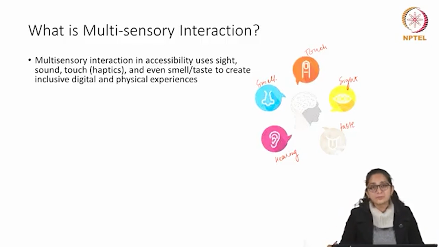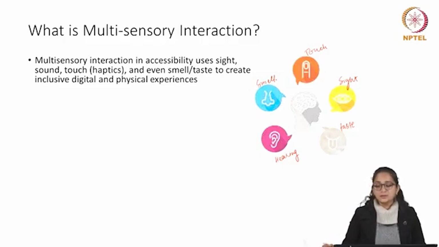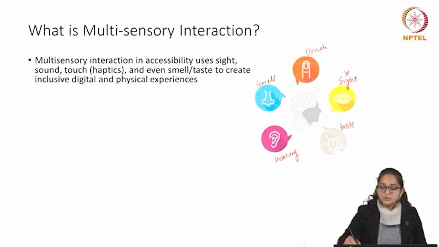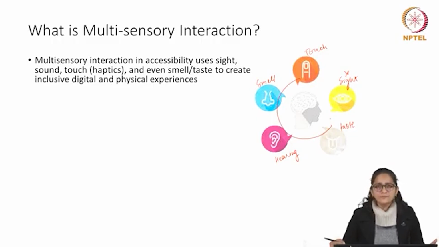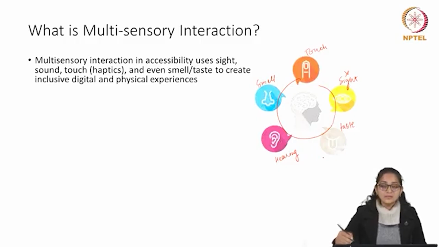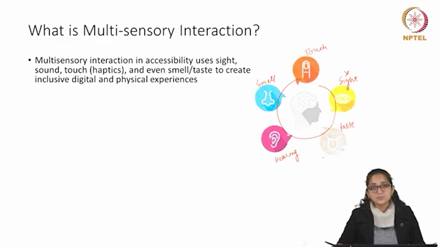So for example, if somebody is unable to see, they are able to experience the system or interact with the system through other means. Or for example, if I am able to see, but having multisensory modes enables me to interact with the system even in situational disabilities or in temporary disability conditions, right?